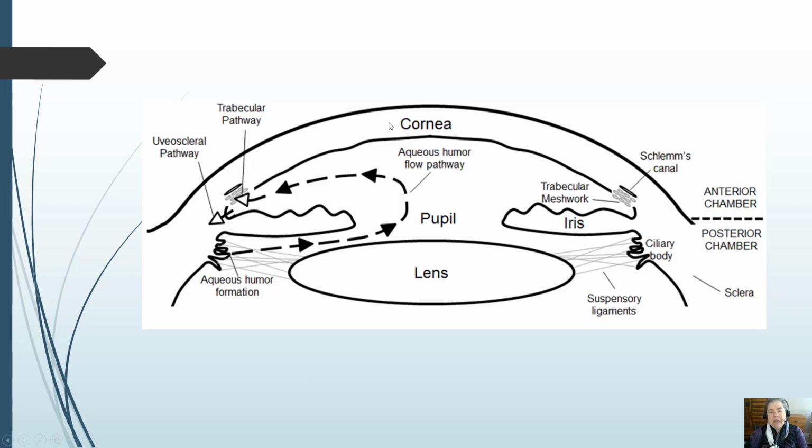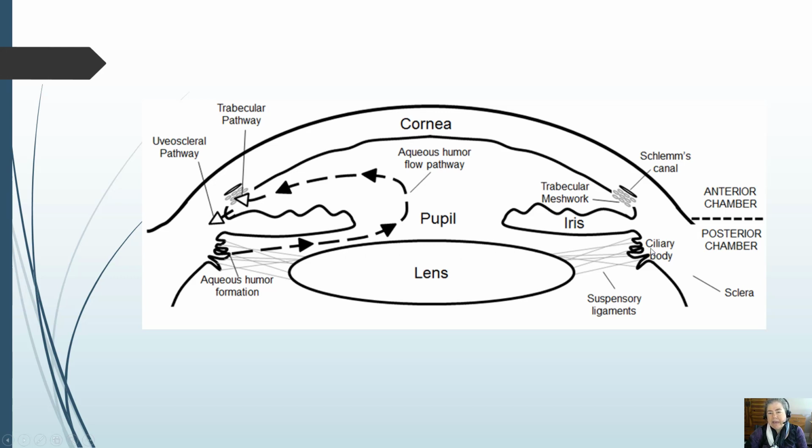So this is the anterior chamber, the posterior chamber, the processes of the ciliary body. So the ciliary body and the ciliary muscle coexist here. The ciliary muscle has ligaments that suspend the lens.